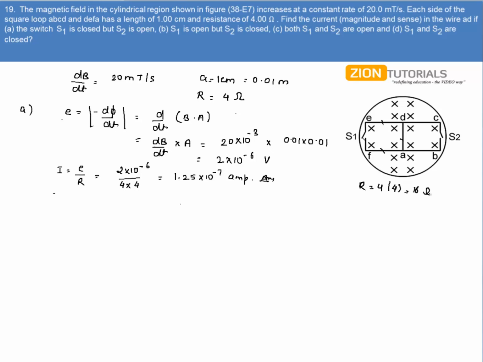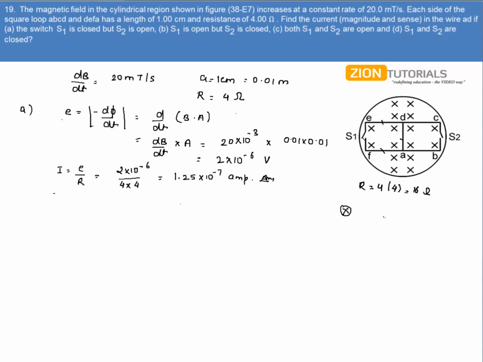Now to calculate the direction of the current in this loop or in this wire AD, we have the magnetic field into the page, denoted by X, and it is increasing. So the current in this loop will be induced such that it reduces the effect of the magnetic field.